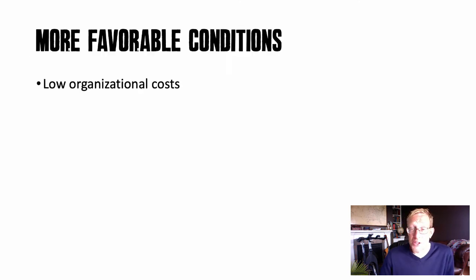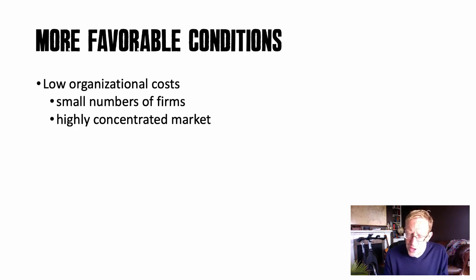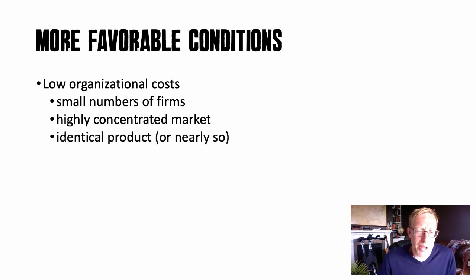Other favorable conditions include low organizational costs, which means mostly that you have a small number of firms that you have to coordinate. A highly concentrated market, so that even if you have a lot of firms, if you have just a few at the top of the food chain, then you don't have to worry about a whole bunch of other stuff going on. You just coordinate the activity of a few key players.